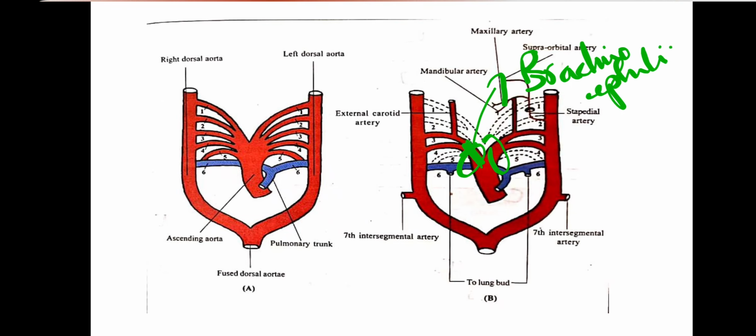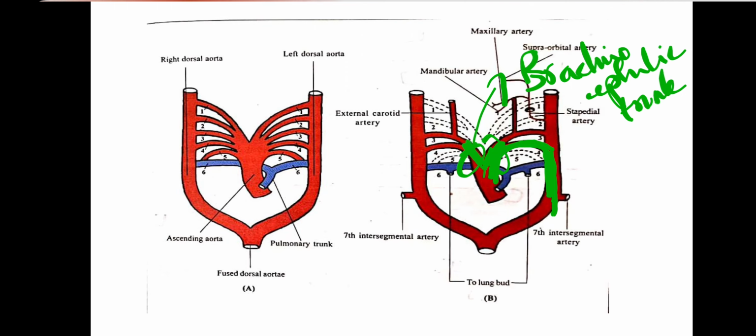The left horn of the aortic sac, the fourth arterial arch, and the dorsal aorta are going to form the arch of aorta.